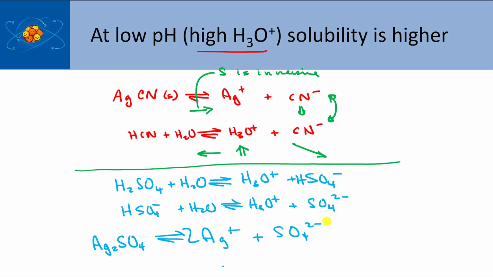So this first ionization is strong, and the result is equal to the concentration of the sulfuric acid. But it turns out this one's not. The second ionization is weak. Now, it's not that weak. Of the weak acids, it's one of the stronger ones. But it's still going to be pH dependent, okay?